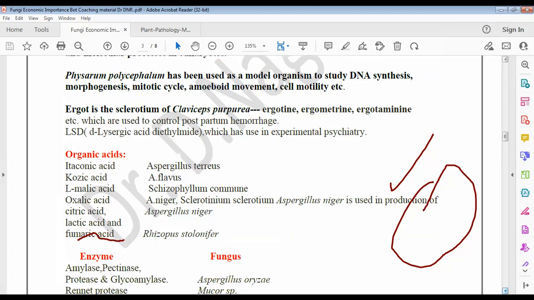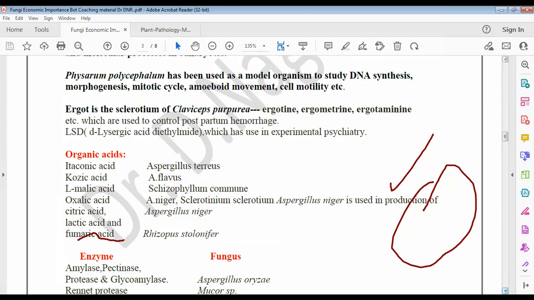And there are many organic acids, like citric acid and vinegar. Citric acid is used in many food products, and vinegar is prepared from Aspergillus niger.